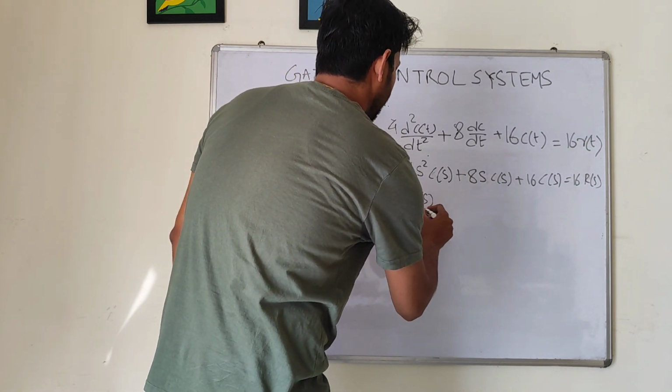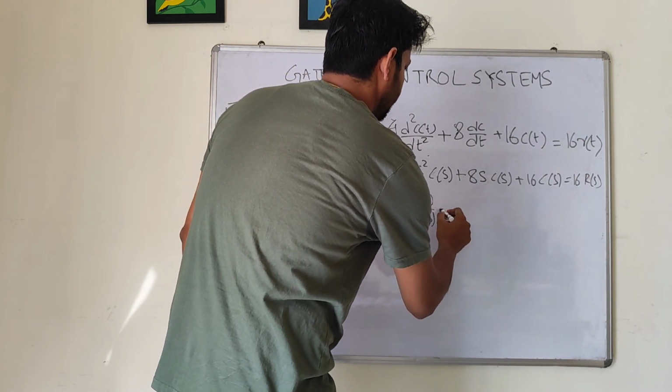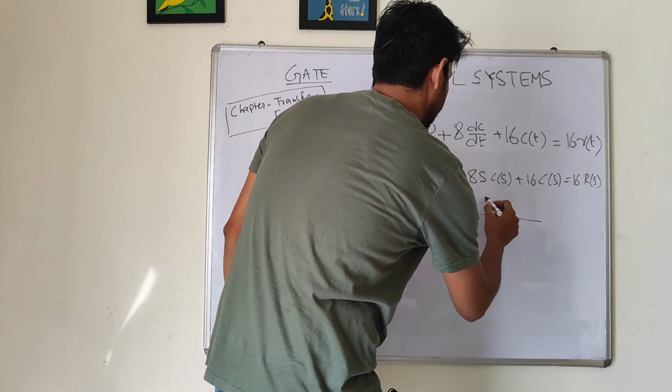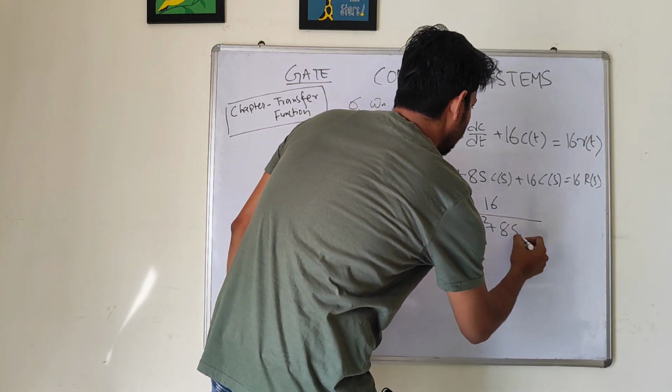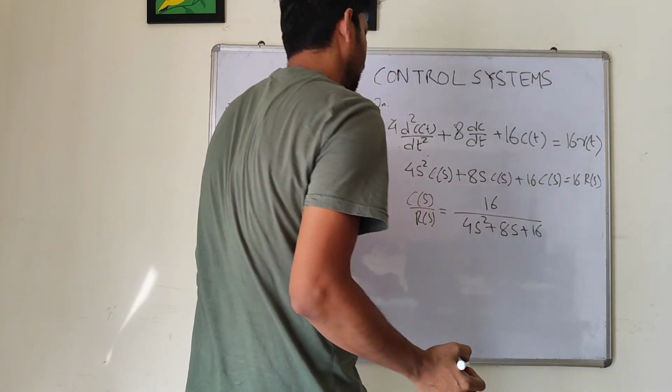C(s) by R(s) would be 16 by 4 s square plus 8 s plus 16. So this is the transfer function.